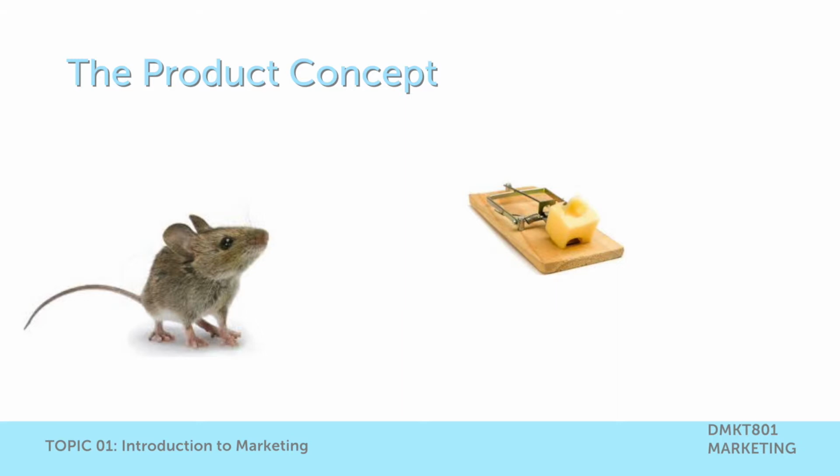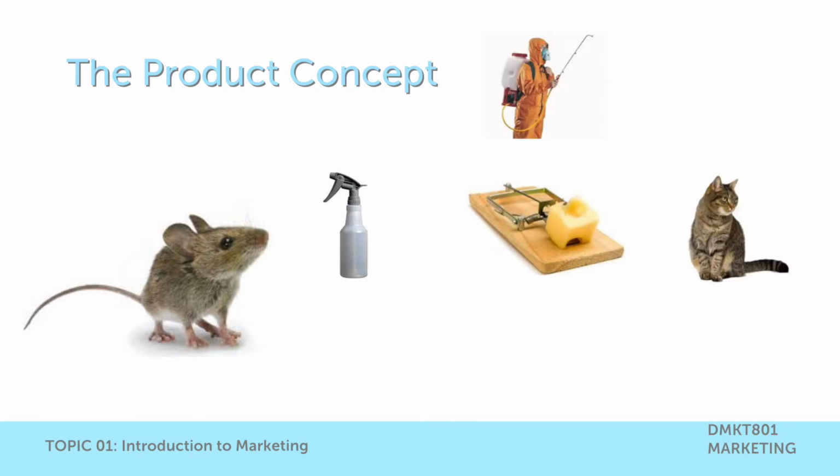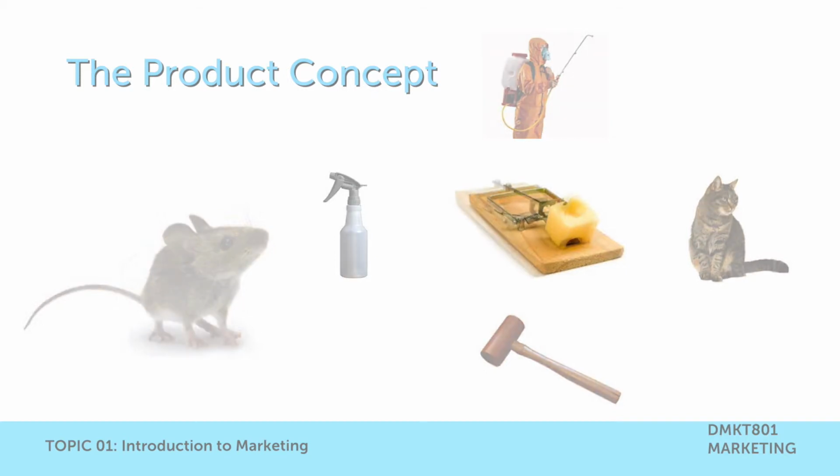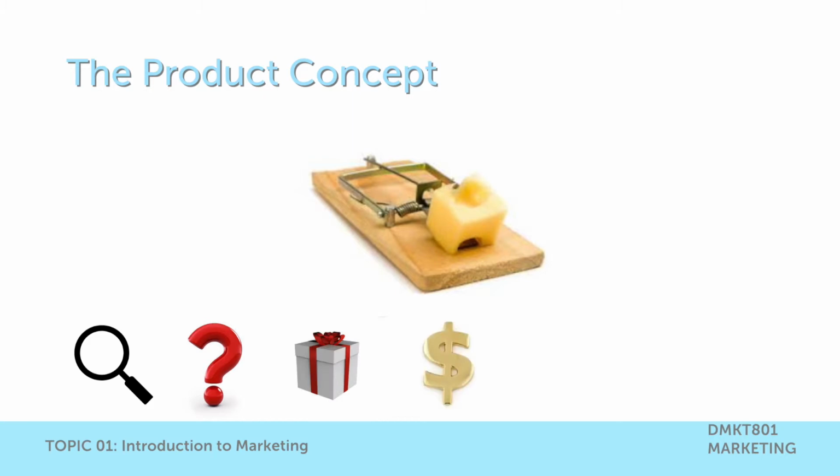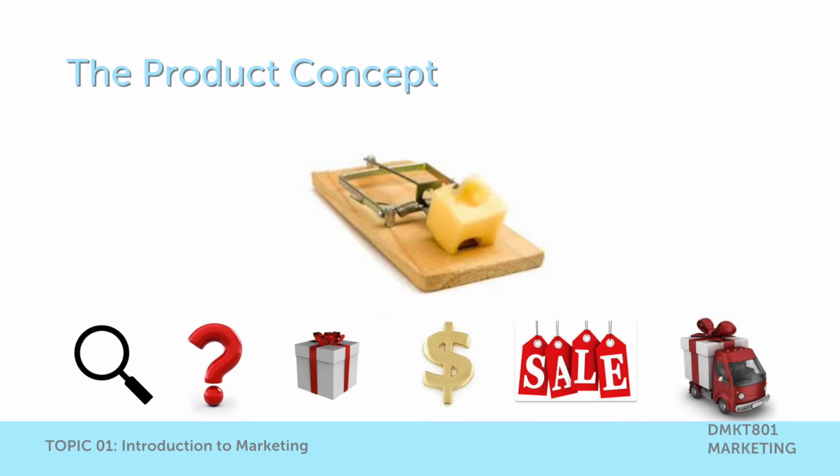But they are often rudely shocked. Buyers may be looking for a better solution to a mouse problem, but not necessarily for a better mouse trap. The better solution might be a chemical spray, an exterminating service, a house cat, or something else that works even better than a mouse trap. Furthermore, a better mouse trap will not sell unless the manufacturer designs, packages, and prices it attractively, places it in convenient distribution channels, brings it to the attention of people who need it, and convinces buyers that it is a better product.